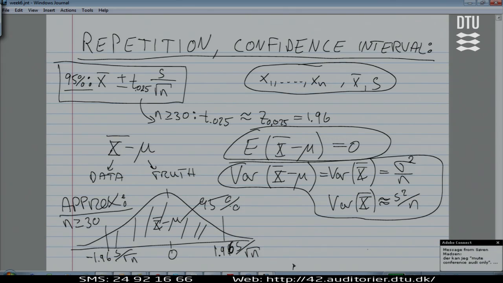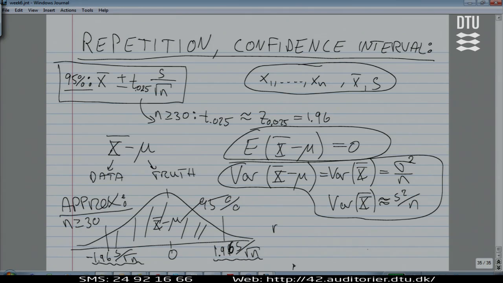And that's the confidence interval, in short. That the error we make will be plus minus this one, because this is the standard deviation of the distribution of this. The sample standard deviation, so I basically just use this thing.